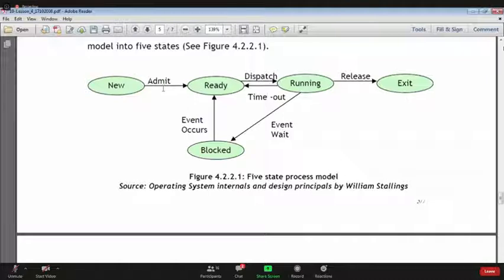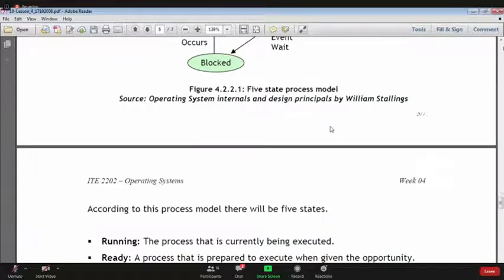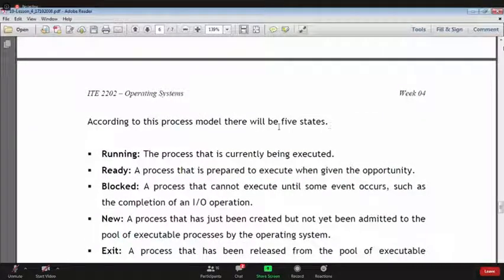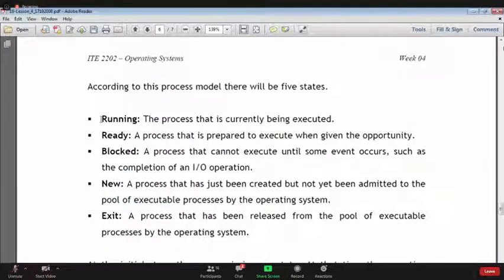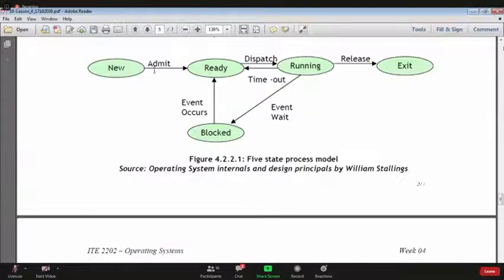Admit is a transition. Dispatch is a transition. So what are the 5 states? We have the running state, ready state, blocked state, new, and exit.